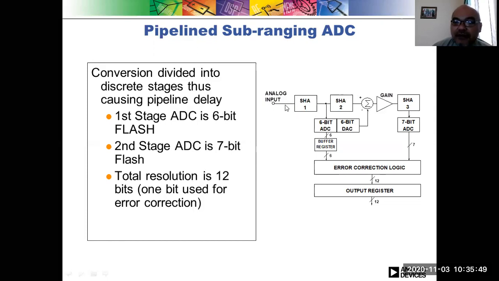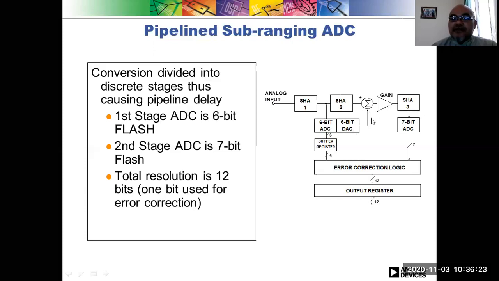So after it goes to the SHA1, it is divided: the first portion of the analog input will be converted using the 6-bit ADC, and the second part will be converted using another 7-bit ADC. So here the value is then compared using DAC as well, and then the error will be amplified again here.